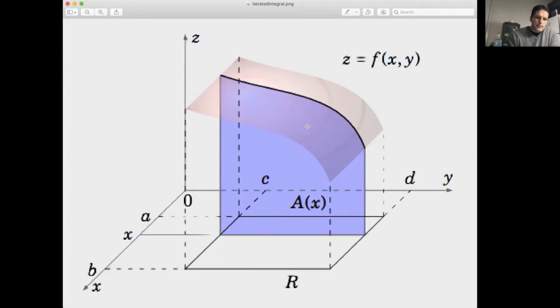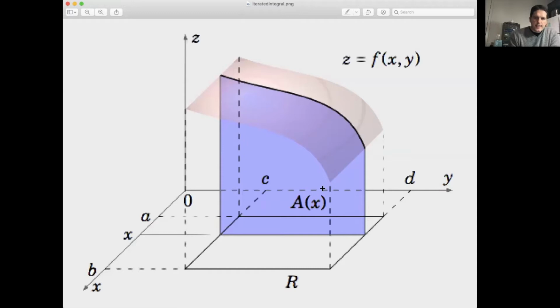Take this three-dimensional region under the graph of f and chop it up into slices. So here you see this purple slice, that's one slice. And you can imagine the whole 3D region can be chopped up into slices like this. And now let's compute the volume of each slice. So how do we get the volume of a slice?